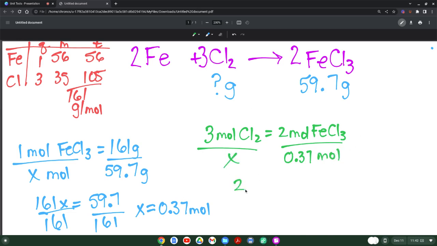Here I'm getting 2x is equal to the product of 3 and 0.37, which is 1.11. I'm going to divide both sides by 2 in order to get x by itself, meaning that x is 0.555 moles of chlorine.